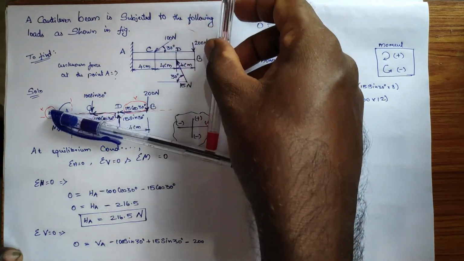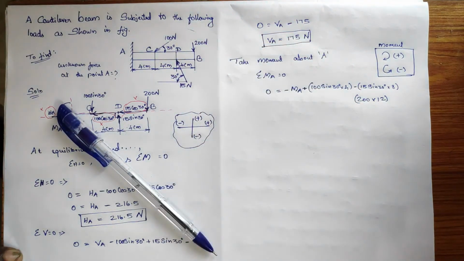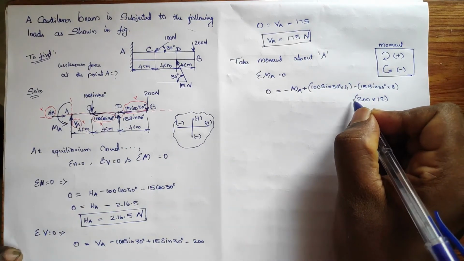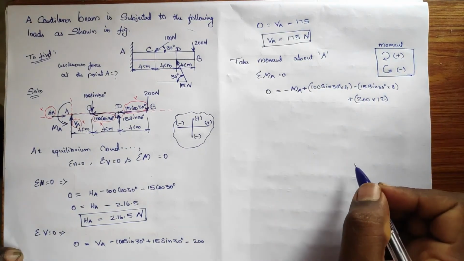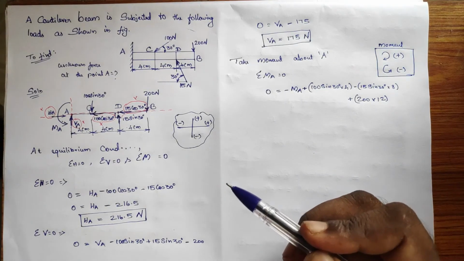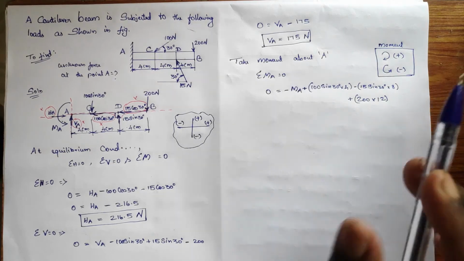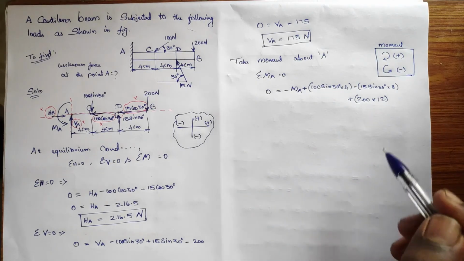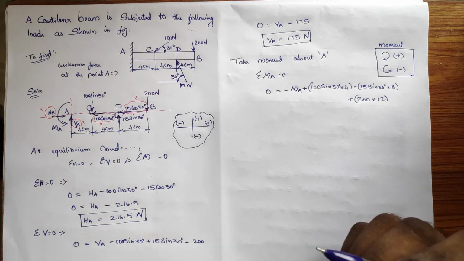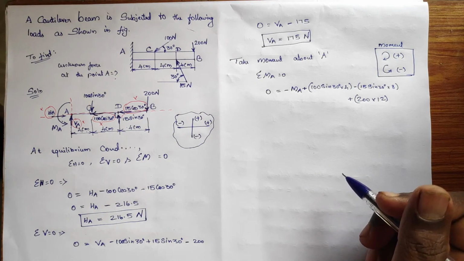It is acting downwards, so it rotates in clockwise direction, just like the force 100 sine 30 degrees. So it is a positive sign. Remember, if the force rotates the beam in clockwise, it's positive. If the beam rotates anti-clockwise about the moment point, then it is a negative sign.